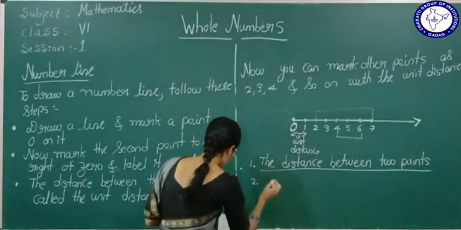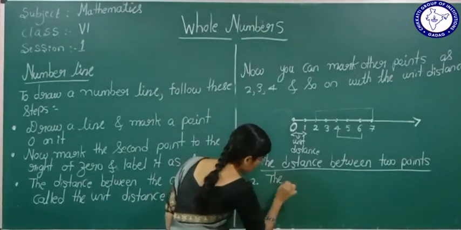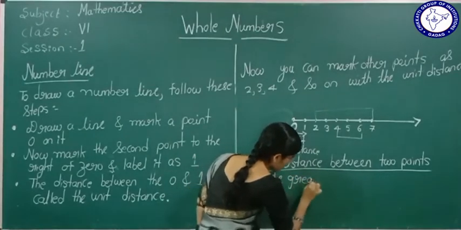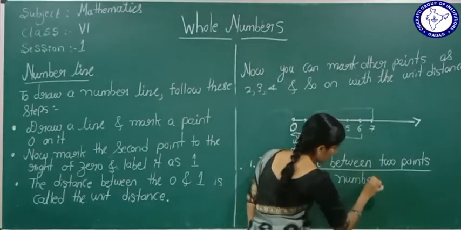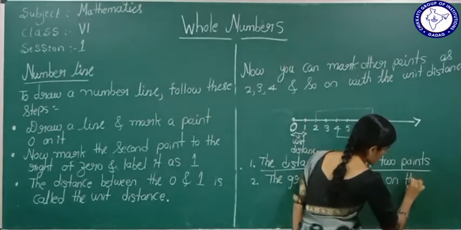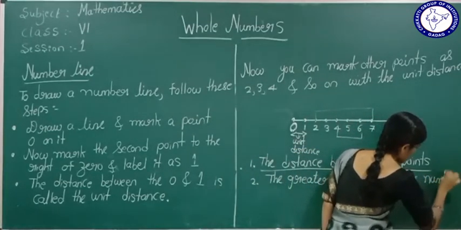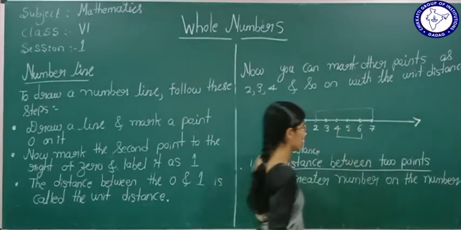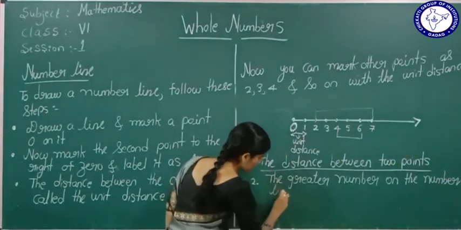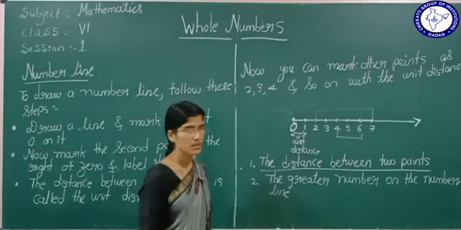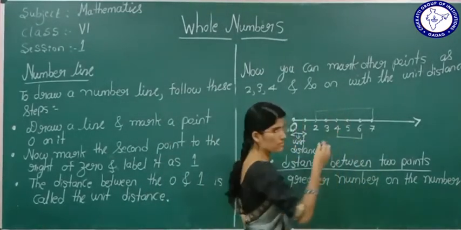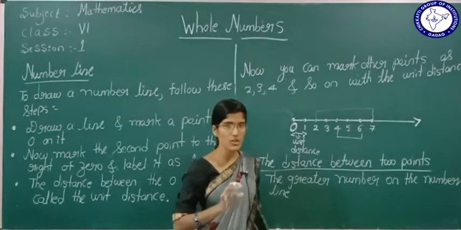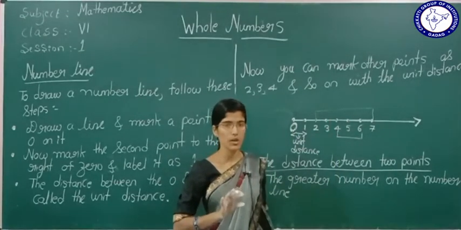Next, the greater number on the number line. Now we will see what is the greater number on the number line. The number on the right is always greater than the number on the left.